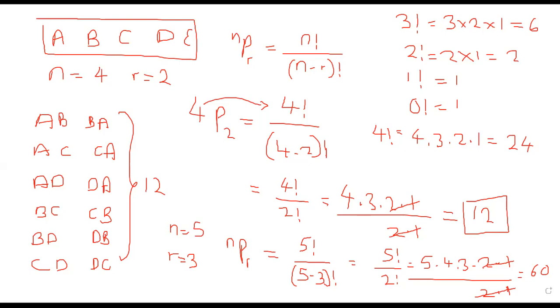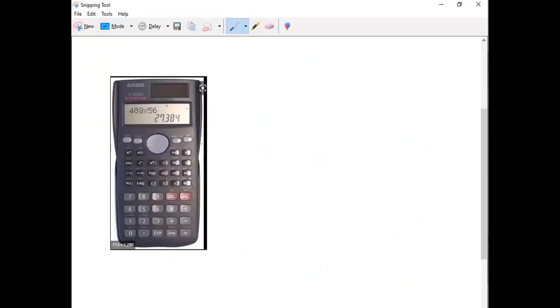Yes. Okay, thank you. Now you can also do that using a calculator. We found 4 permutation 2 directly to be 12 and 5 permutation 3 to be 60. Now a Casio calculator looks something like this.